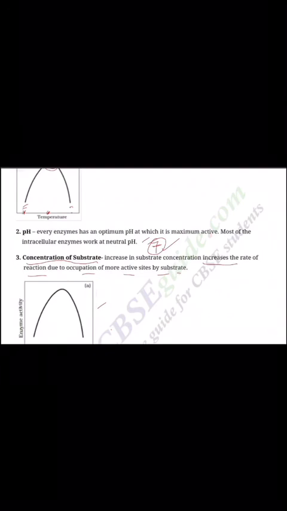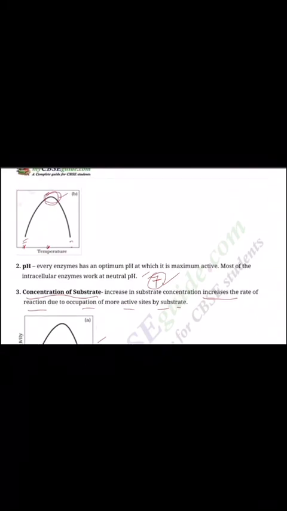Keep practicing, draw the diagrams, draw the graphs, and just see on x-axis what you are plotting and y-axis what you are plotting, and how the graph gets into the picture.